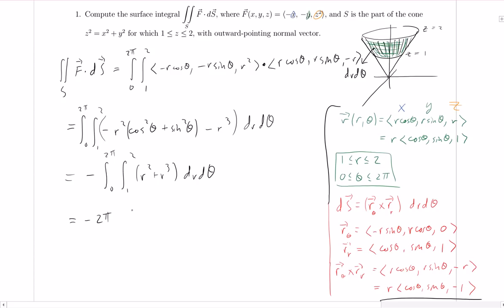And we'll just do the r integral at the same time. We're going to get 1/3 r cubed plus 1/4 r to the 4th from 1 to 2. And what do we get here? 2 cubed is 8, minus 1 cubed is 7, so 7/3, plus 2 to the fourth is 16, minus 1 to the fourth is 15.